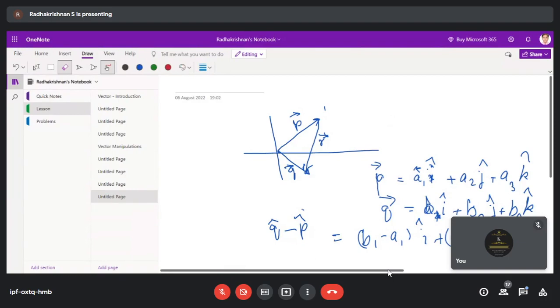So vector joining the two endpoints is given by Q minus P, which is b1 minus a1 into i cap plus b2 minus a2 into j cap, plus the k cap component. Okay.